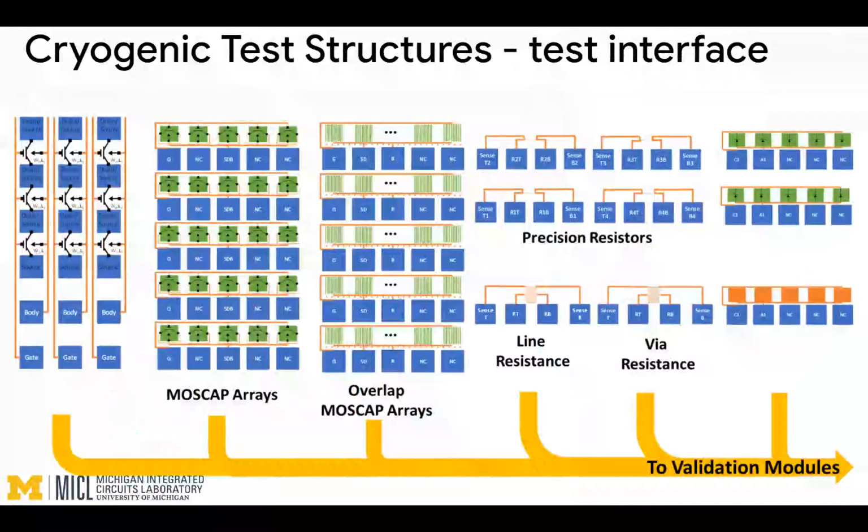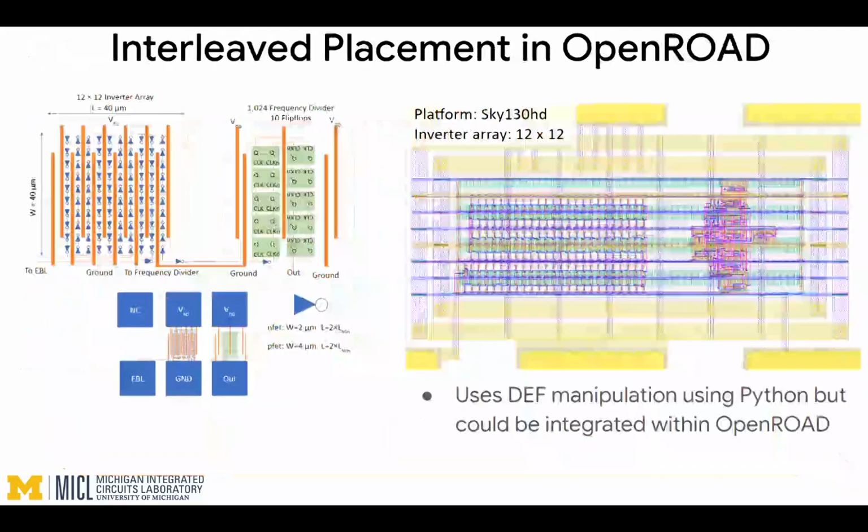There are really simple structures, from bandgap arrays, precision resistors, line resistance, via resistance, etc. All of this is needed so you can create these 4 Kelvin models, right? This was taped out in PW5, but the cool thing is that we started playing with these open source tools. I had a really smart student who started playing with OpenROAD, doing data manipulation with Python because we need an interleaved placement of the inverters.